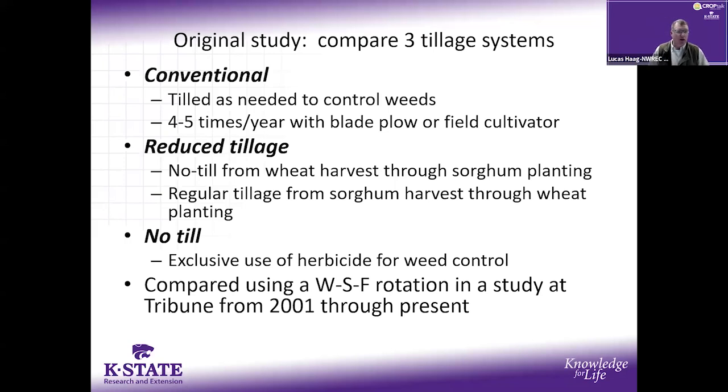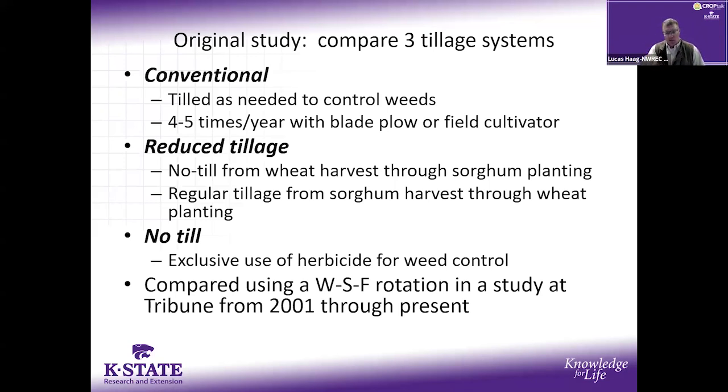I mentioned the study started in 91. The data I'm presenting today is from 01 to present. The reason we've got a line in the sand there is we changed the definition of reduced till in 2001. From 91 through 2000, we were doing some tillage both prior to wheat planting and prior to sorghum planting, so we had tillage in both the long fallow and short fallow portions of the rotation.